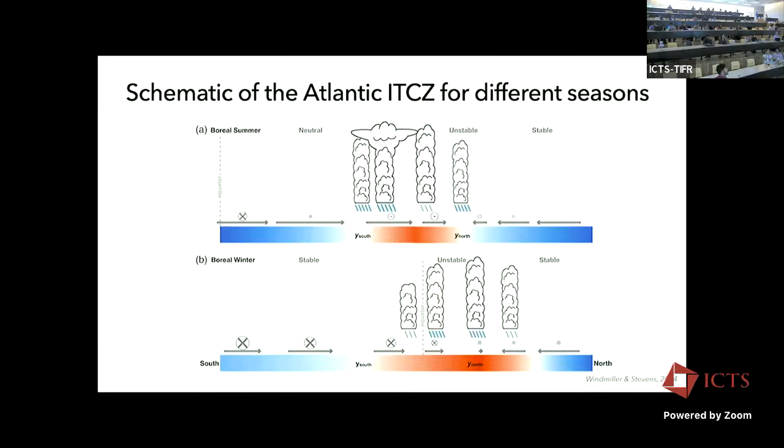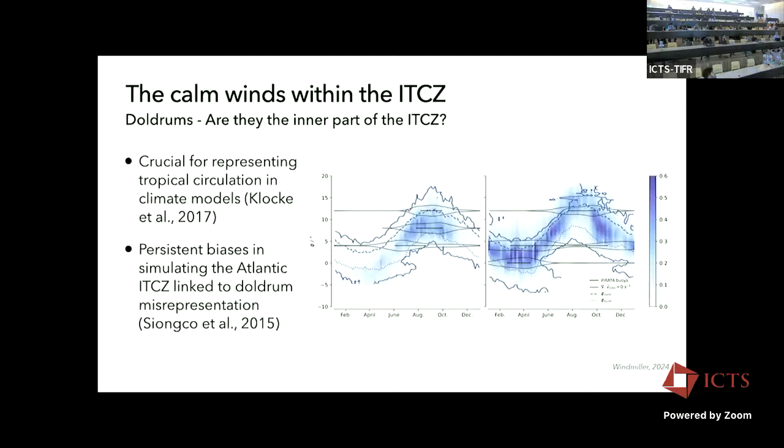Yeah, so this is a description of what the edges look like, how the precipitation and Cape change, and also other factors. So we looked at SIN, SST, surface fluxes, how they change between the two edges and within. So we're trying to describe this inner life. And one of the things within this ITCZ, or within the edges, within the inner life, is that the winds can be very calm, or what we can call doldrums.